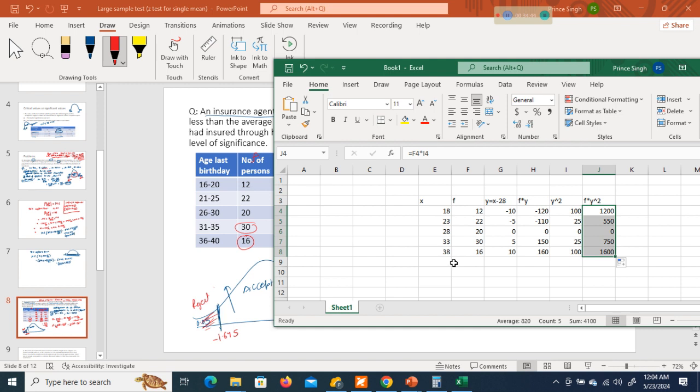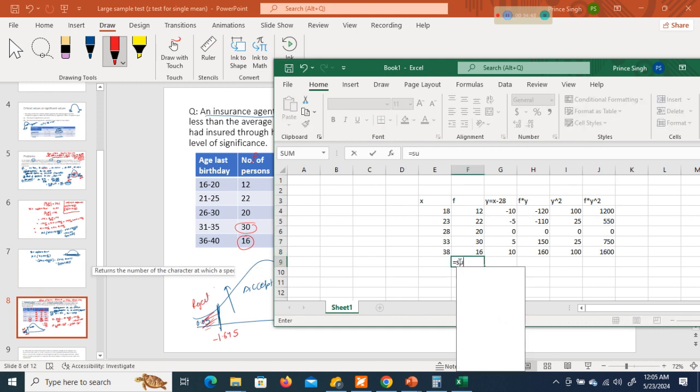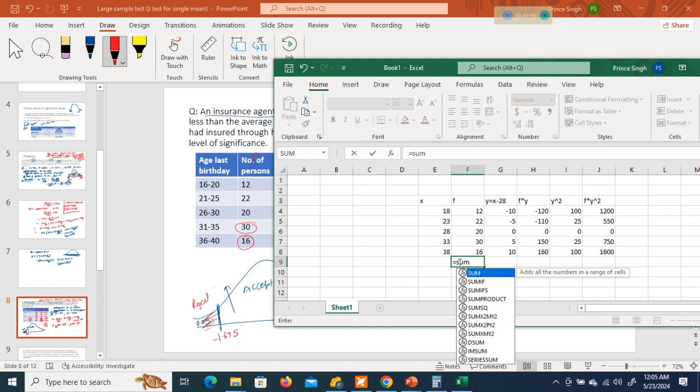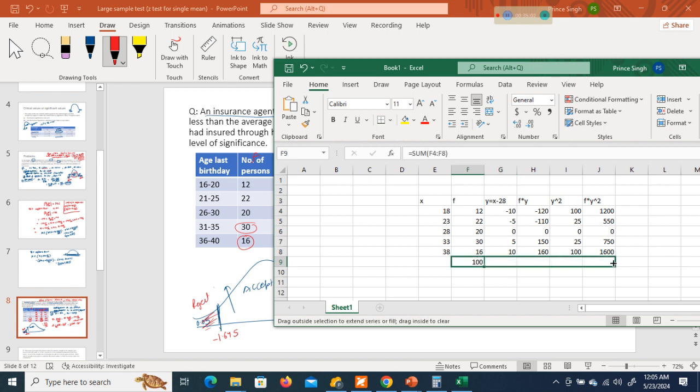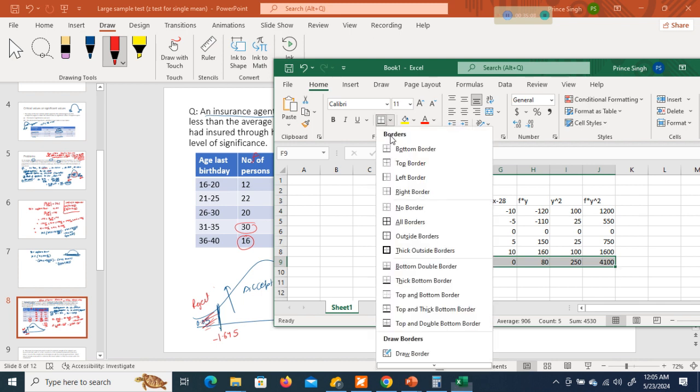So we are taking the formula of sum. Sum of this column, control shift down, and if we drag this, right, so let us consider this in a box.